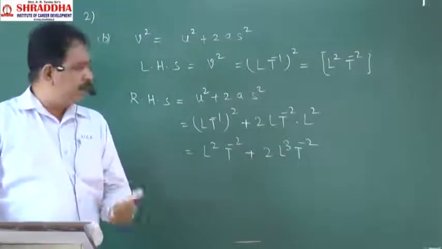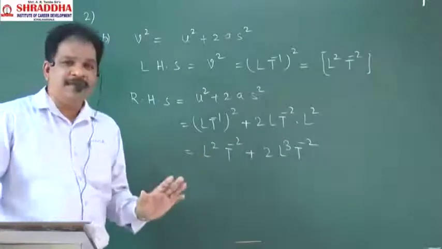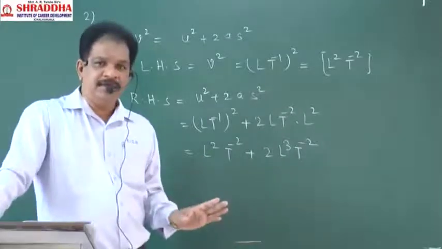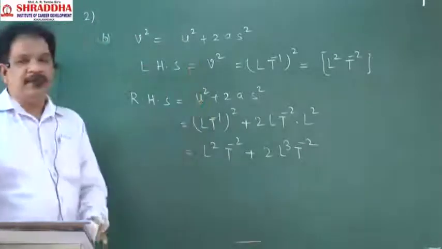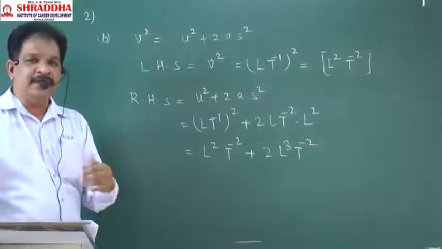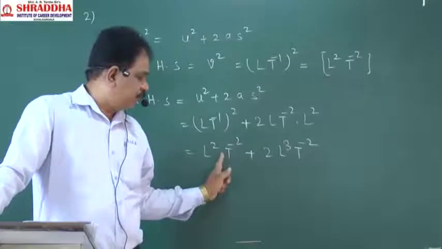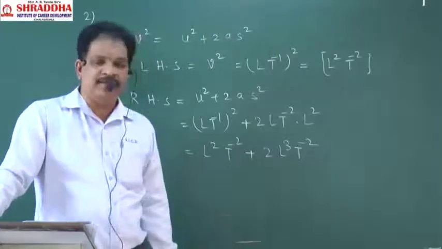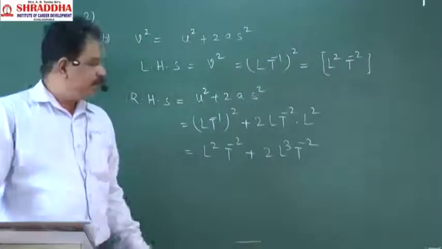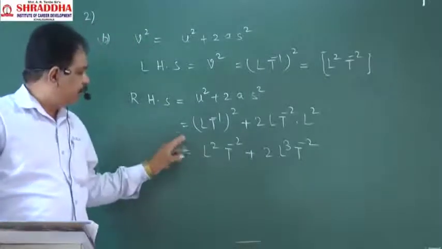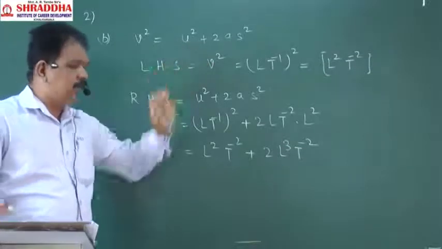L cube T power minus 2 and L square T power minus 2, we can't add. Clearly understanding? So this equation is dimensionally wrong.